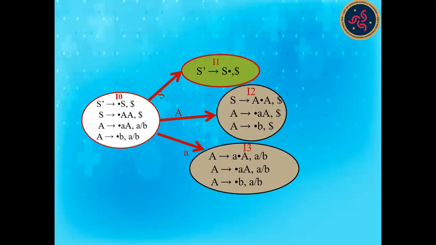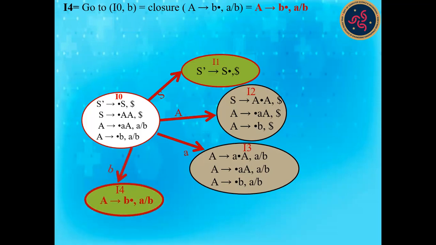Okay, so now this is I0. Again I need to get a symbol B, right? So my new state will be a final state, since there is only a single terminal symbol B. So from I0, when B comes, I will go to a new state, and my productions will be A gives B dot, comma A or B. Directly taken in the state transition, so the look ahead symbol won't change.